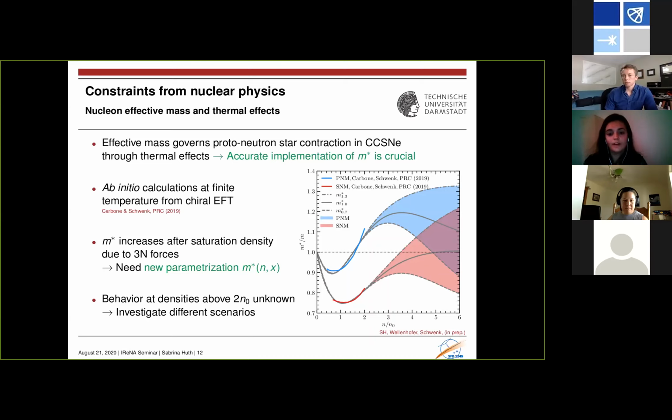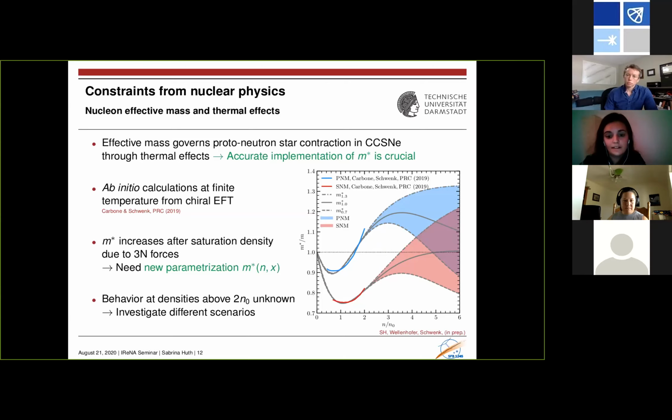And now what's new for these results is that you have this turnover behavior for both pure neutron matter as well as symmetric nuclear matter at roughly saturation density. This means that your effective mass increases again and does not only decrease with density.